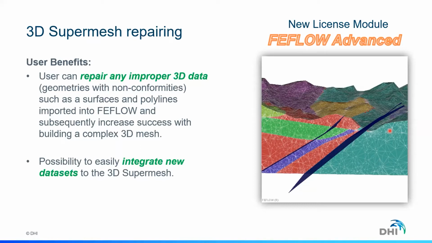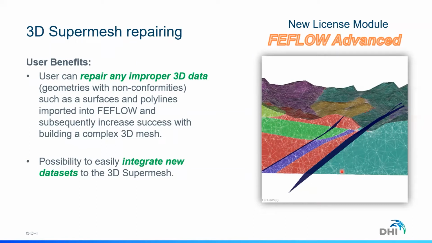This improper 3D data could be triangulated surfaces or surfaces in general, and polylines. If you imagine here these two planes intersecting at some geological contact, we could basically repair this. So we are not meshing. We have a tool to repair the input data, which builds our 3D super mesh.